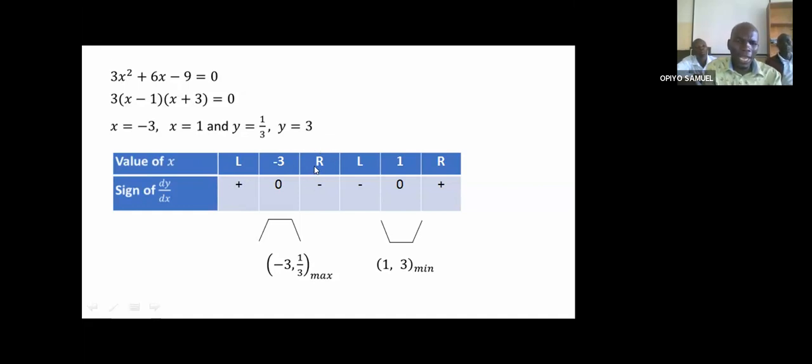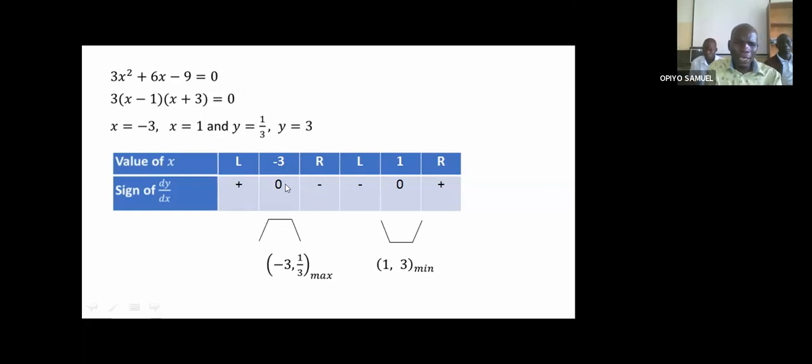Meanwhile, on the right, we take any number right of -3 but less than 1, because we have 1 on the other side. So when we put this, we get a negative number. Now, when we put x equals -3, this will give us 0.